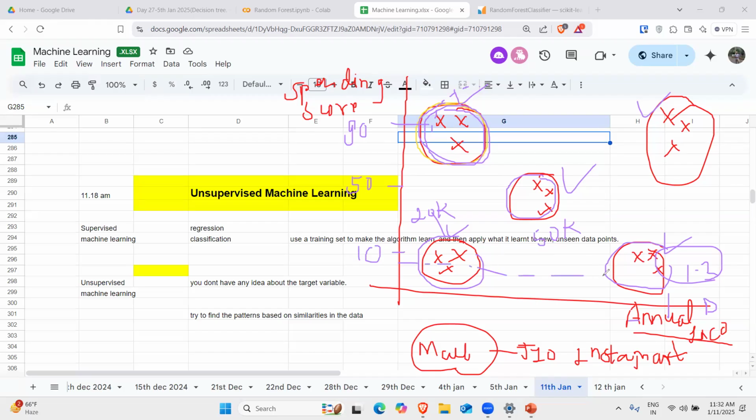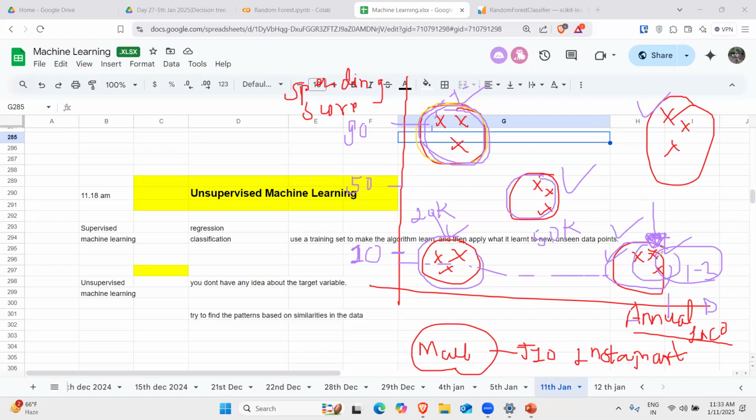So even though this customer has a high income, let's say 1 to 2 lakh per month, they are not spending much in your mall, right? But they have the capacity. They have the potential to spend a huge amount of money, but they're not spending. So what will happen if we target this customer?